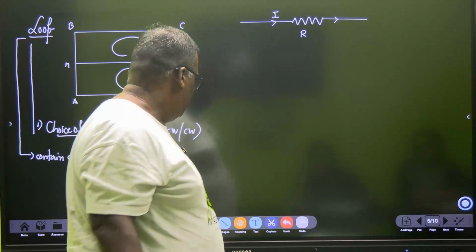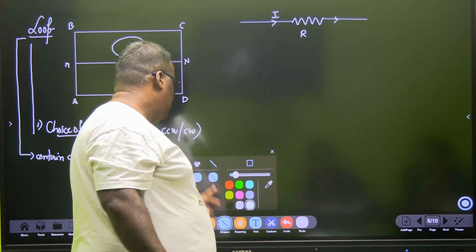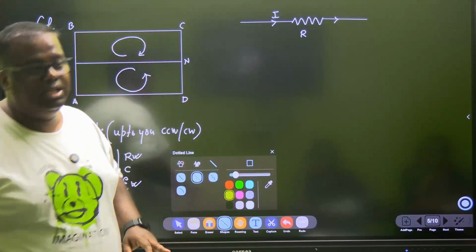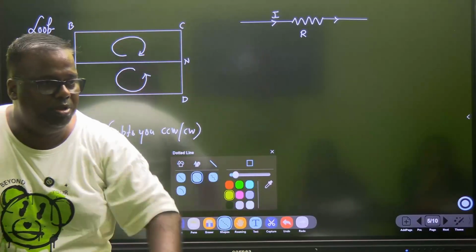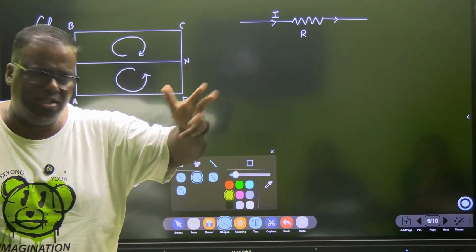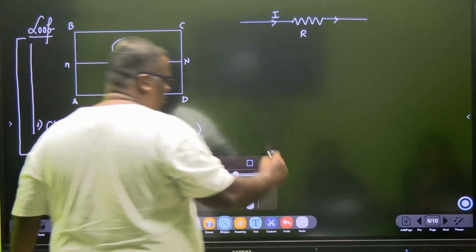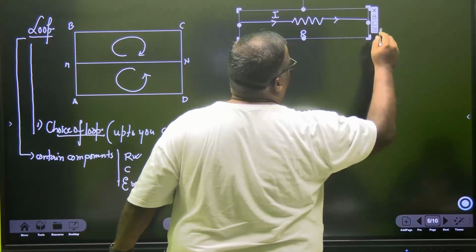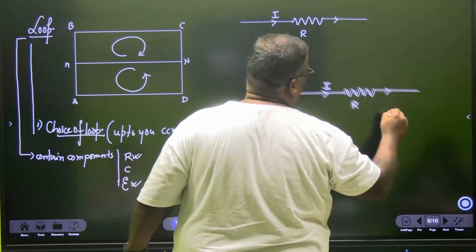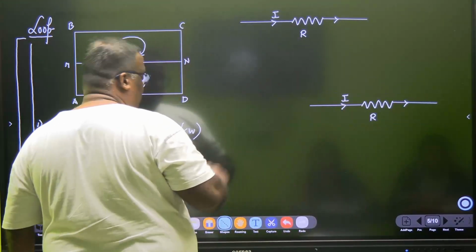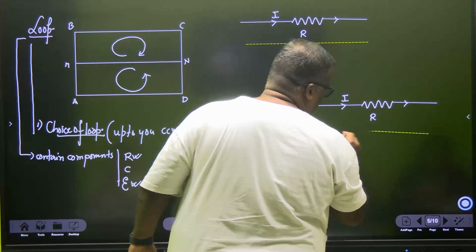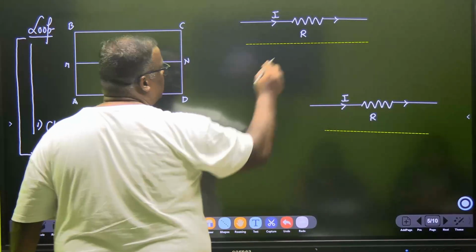Clear? This is a part of a loop, so you must have already selected the way you will be traversing your loop, clockwise or anti-clockwise. Agreed? So let me select this and make a copy of it. Your traversal can be in this direction. Let me put the arrows here.